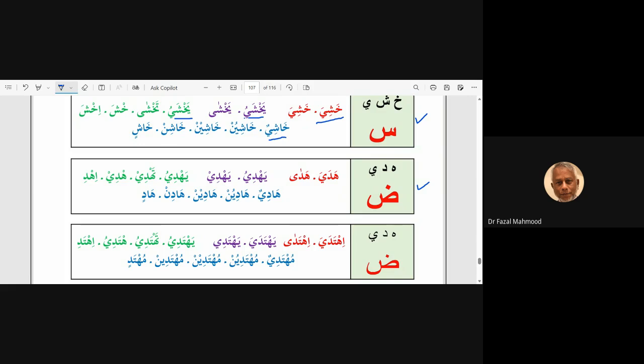So, can you see again, we are now forming the Ismul Fa'il version of that. It started with the original Ismul Fa'il: khashiyun, fa'ilun, nasirun, ghafirun, khashiyun, original. Then all these surgical operations will be done, and at the end, the final Quranic version of Ismul Fa'il of khashiyun is khashin.